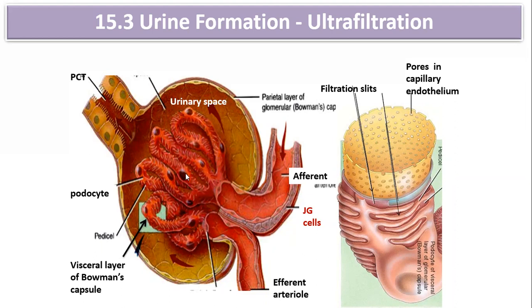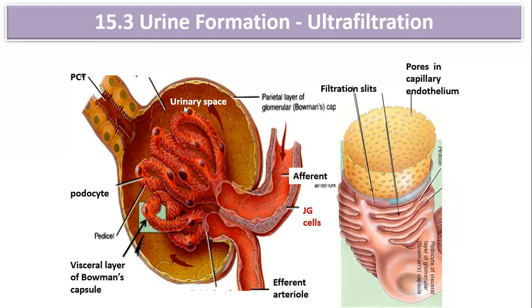How will that blood get filtered? Across the filtration slits. Now what are the filtration slits? Filtration slits are formed by the podocytes. You can remember the visceral layer of Bowman's capsule is lined by specialized cells called podocytes. The finger-like projections of one podocyte interdigitate with the finger-like projections of another podocyte, and then they act as a filtration slit through which the blood gets filtered, and after filtration the filtrate accumulates in the urinary space.